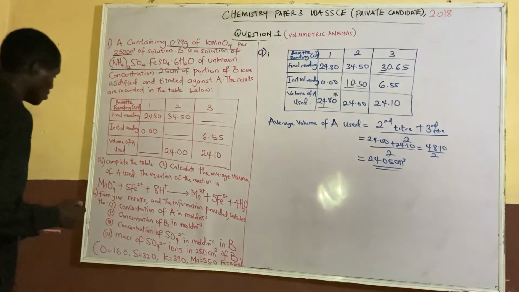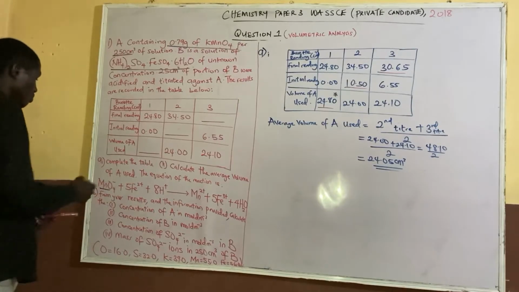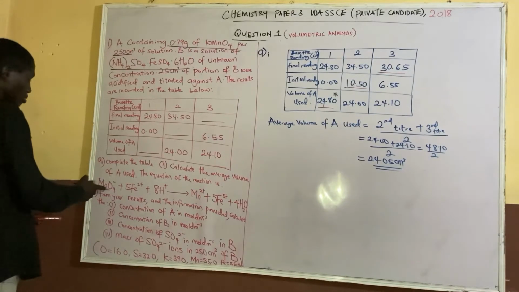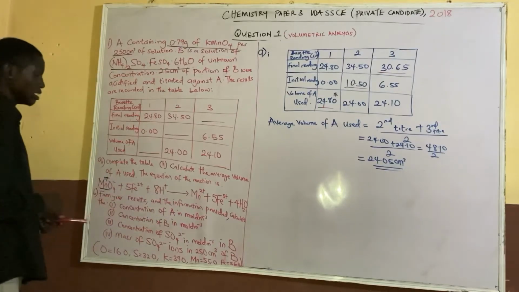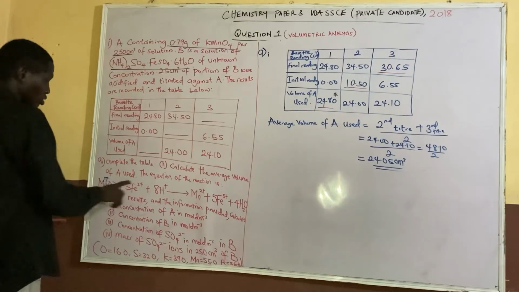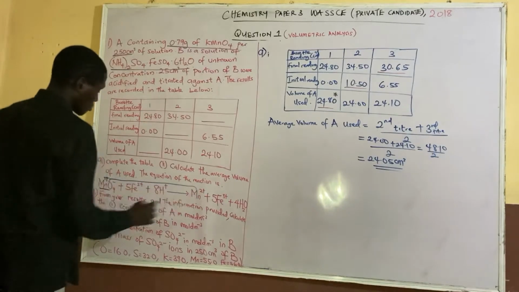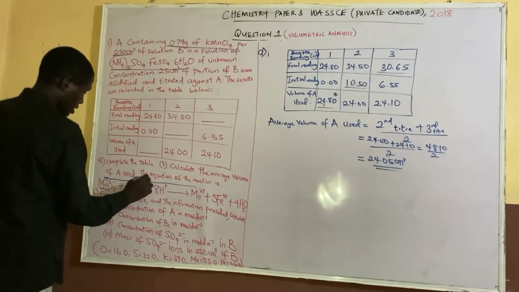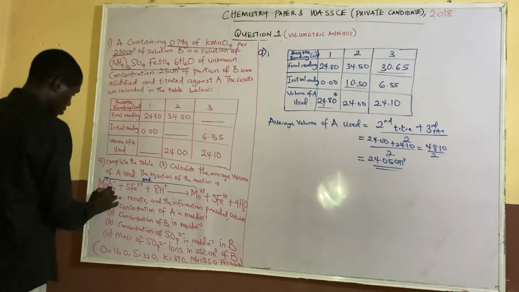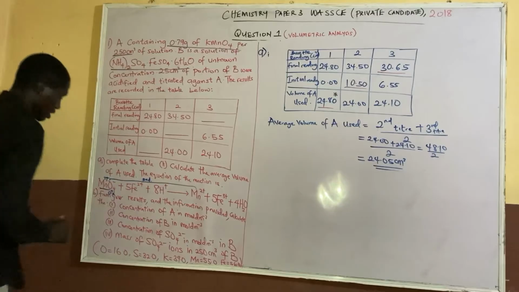If you look at it very well, this KMnO4, this MnO4, has an oxidation number of plus 7 here, but it has become plus 2 here. That means it undergoes a reduction reaction, because there is a decrease in oxidation number, and a species that undergoes reduction is an oxidizing agent.